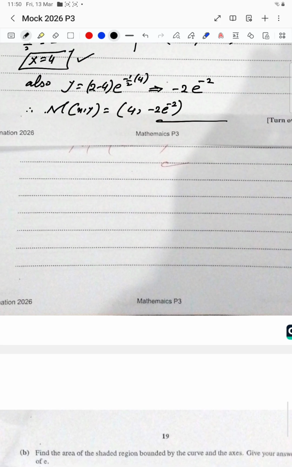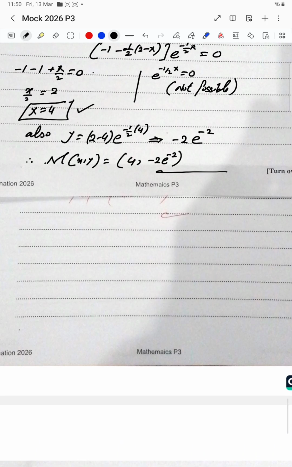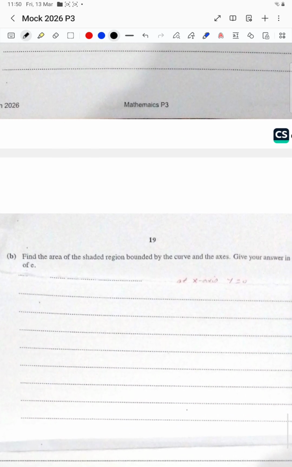Okay, simple. Again, you have to integrate this thing by applying the formula of integral. Area of shaded region will be limit. First, we need to find limits at the x-axis.